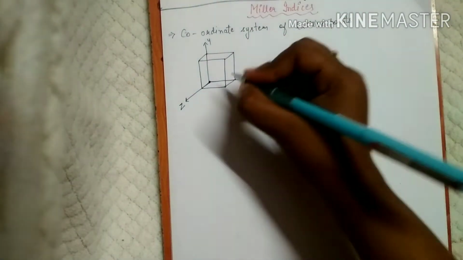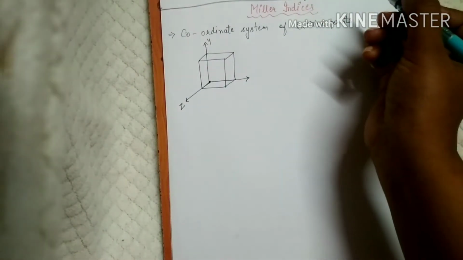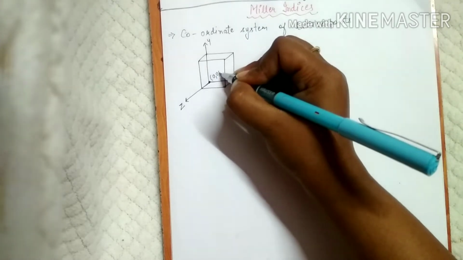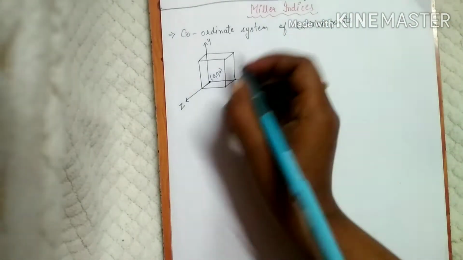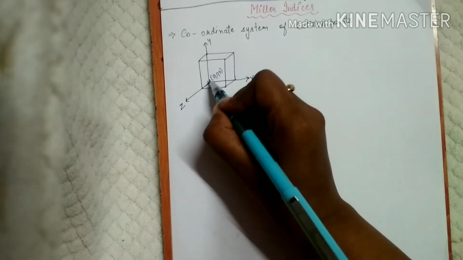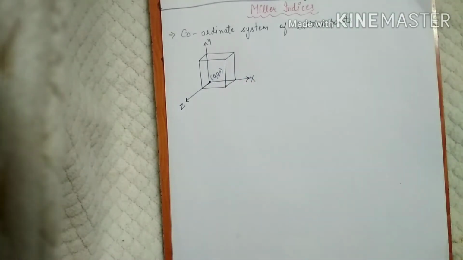So if I look at this lattice point, this is your origin, so it will have coordinates 0, 0 and 0, because we don't have to move in any of the directions, not in x, not in y, and not even in z. So the coordinates are 0, 0 and 0.